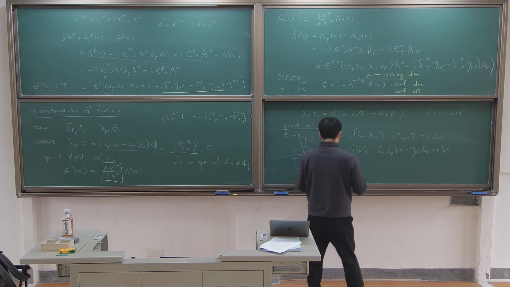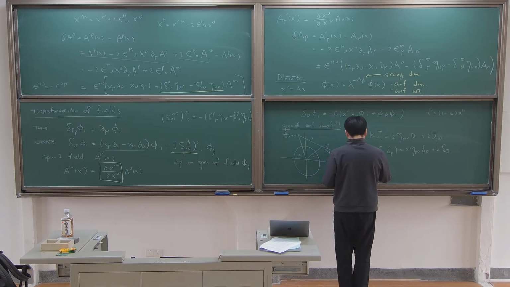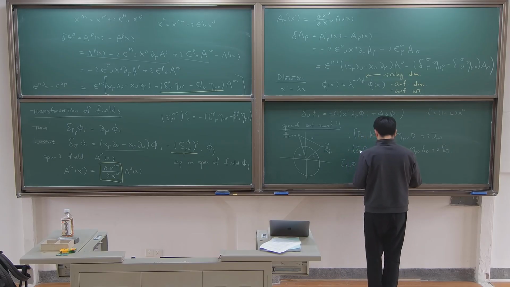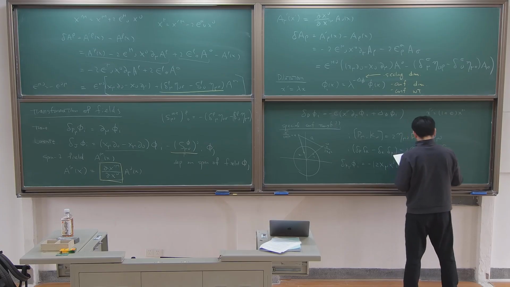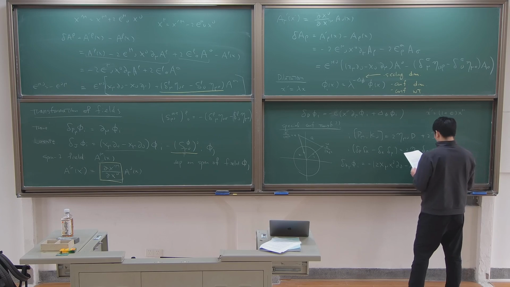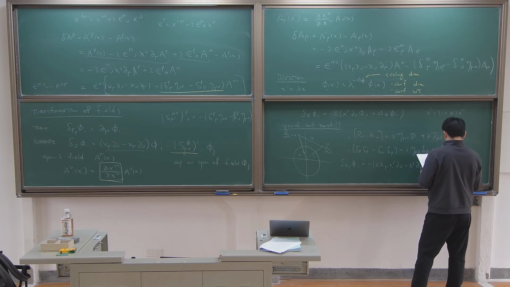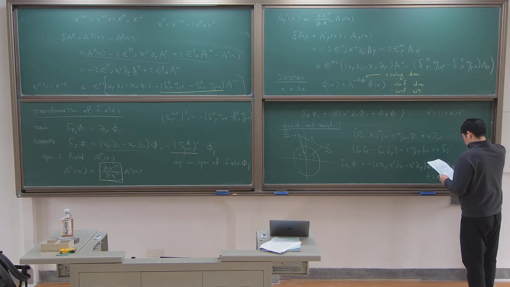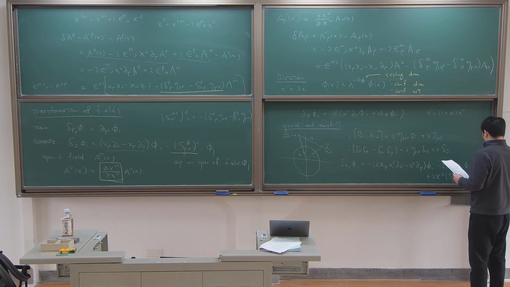One can obtain the transformation rule. So delta K of phi is minus 2x mu, like this.